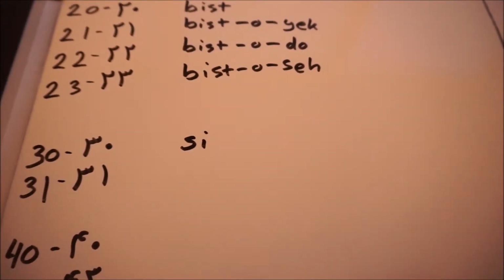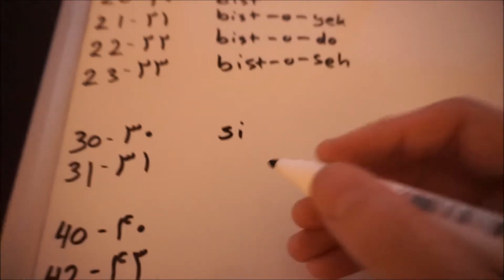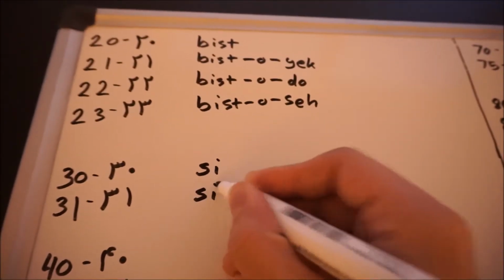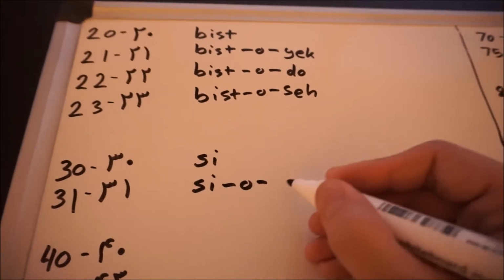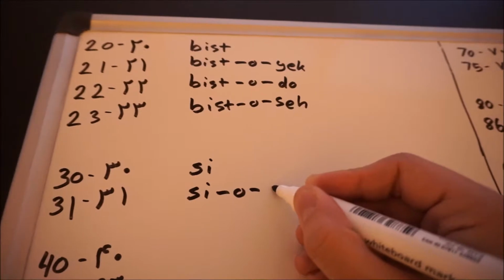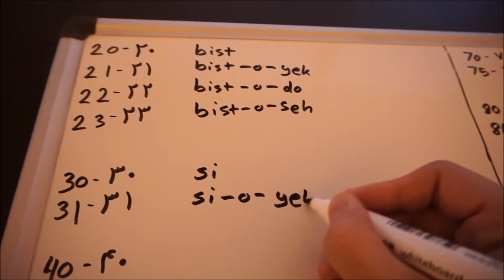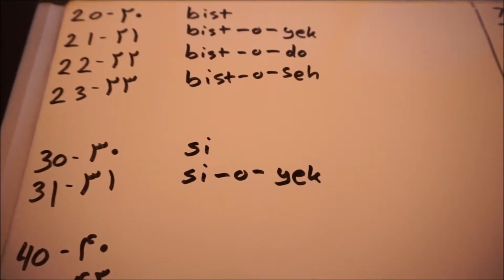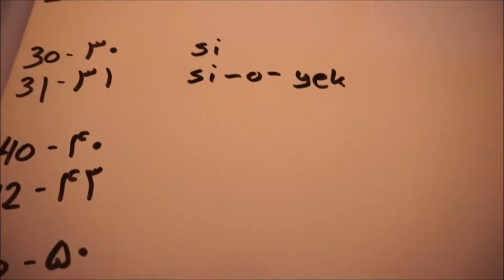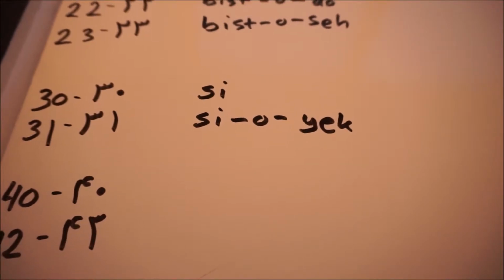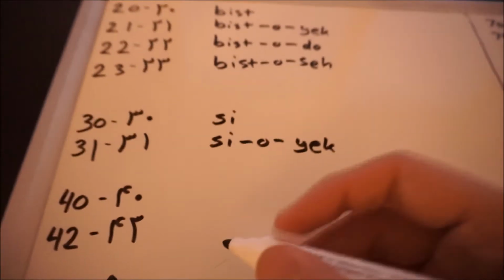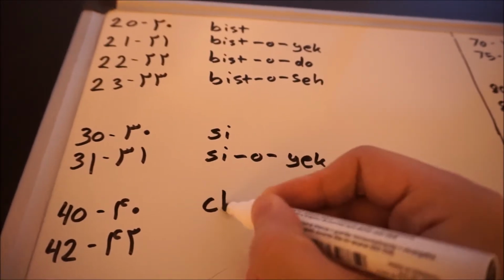Very simple, very easy. And then we go ahead as we did before, just take the 10 word si, add the o sound for "and" and the number that you want to add to it, which in this case is 1, so yek. So si o yek is 31. And it continues down with si o do, si o se, si o chahar, etc., until we reach 40, and then we again get a new 10 word, and the word for 40 is chehel.